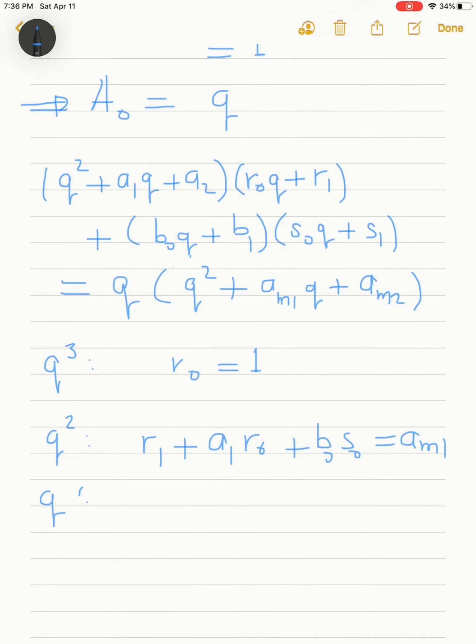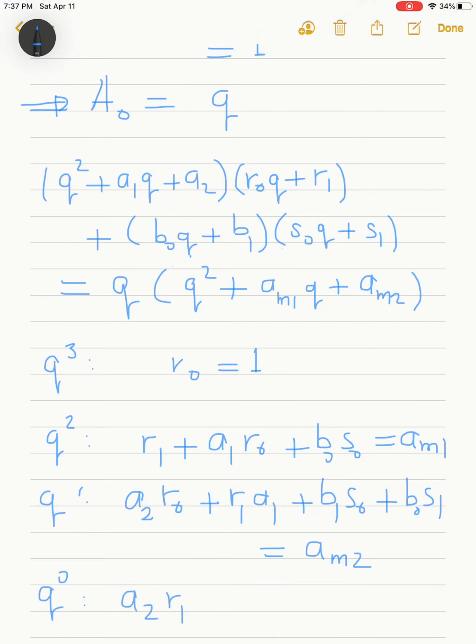Coefficients of Q will give A2 R node plus R1 A1 plus B1 S node plus B node S1, that's equal to AM2. And finally the coefficient of the absolute term would be A2 R1 plus B1 S1 equal to 0.